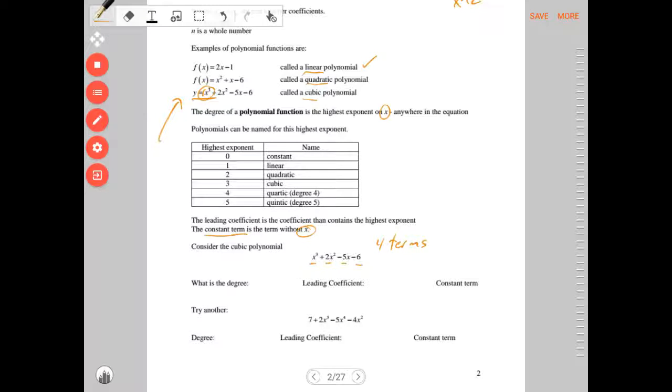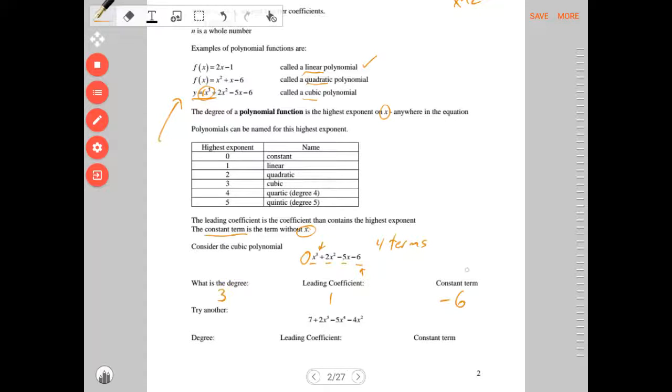Not a big deal. So there are 4 terms. The degree is the highest exponent, so this is degree 3. The leading coefficient then is the number in front on that particular one, so the leading coefficient here is 1. And the constant term is the one that doesn't have x on it. The sign goes with it, so that is minus 6.